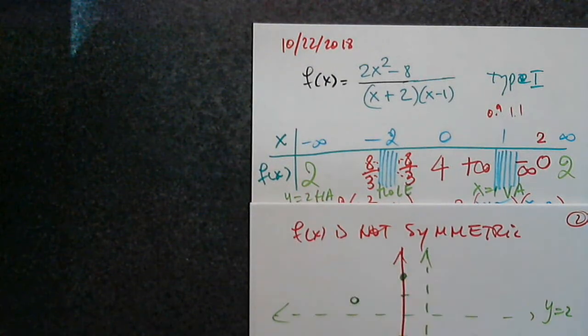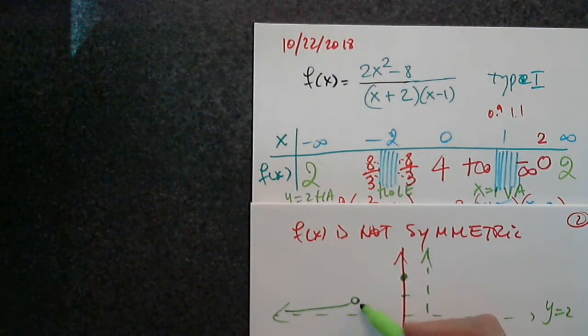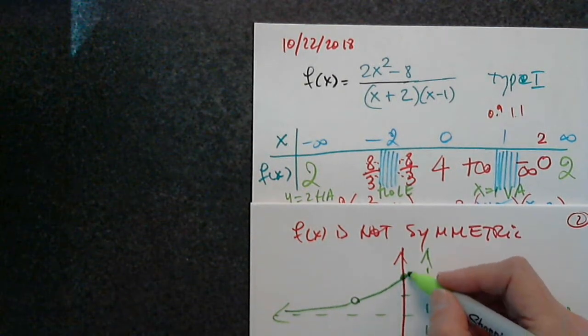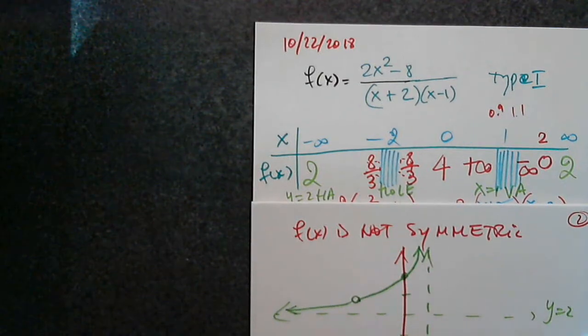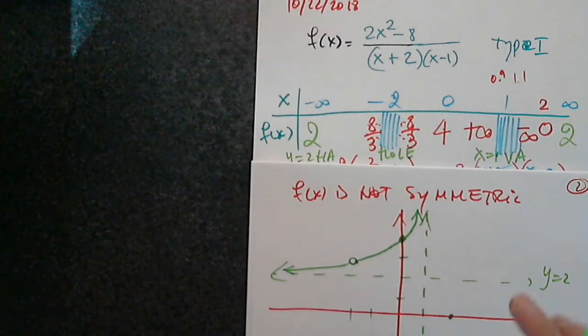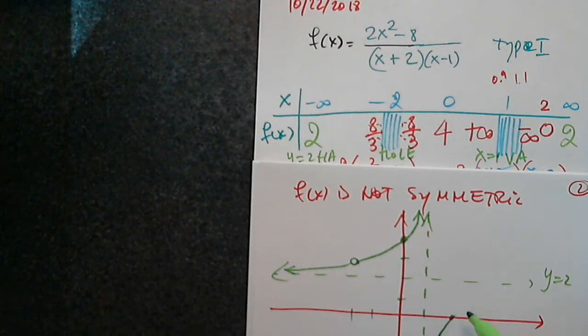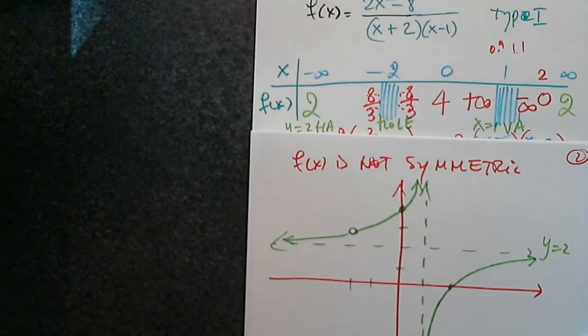So coming from 2, above the horizontal asymptote, crossing at 0, 4, going towards infinity. Coming from the negative side, from negative infinity on the right-hand side of x equals 1, crossing at 2, 0, and approaching y equals 2 from below.